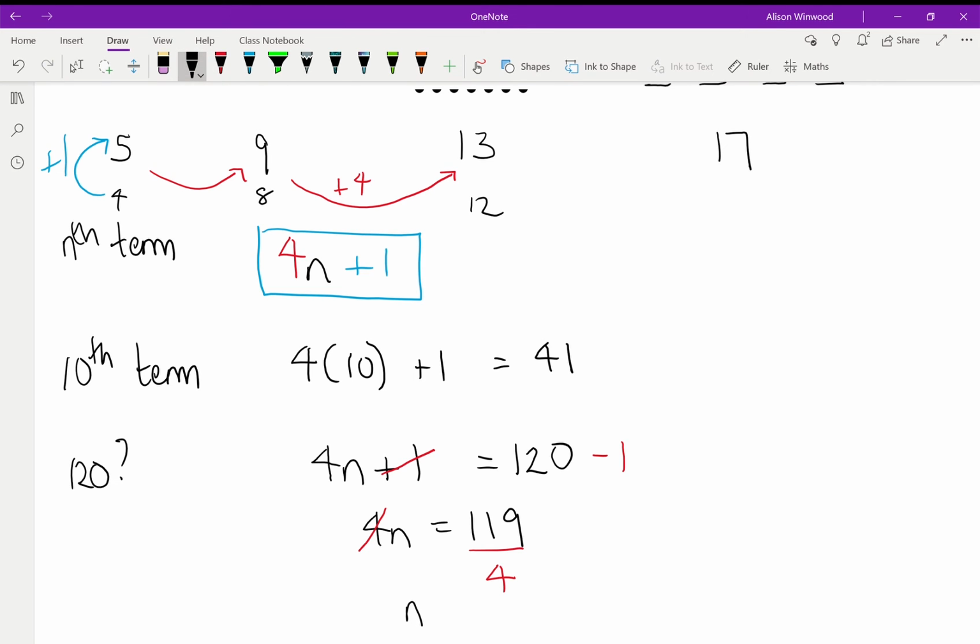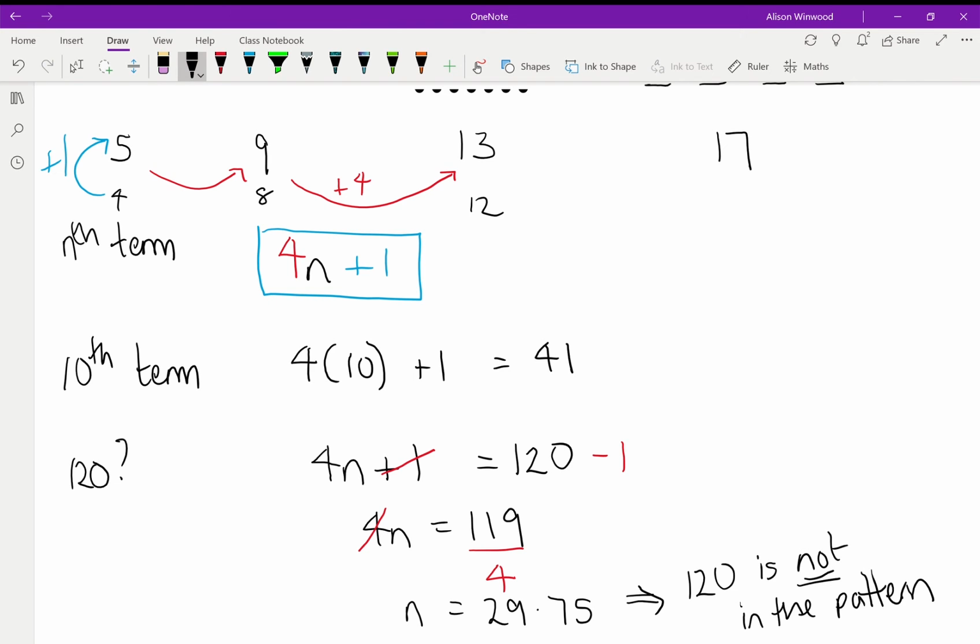Which is 29.75, which isn't a whole number, so 120 is not in the pattern. It's only in the pattern if n is a whole number.